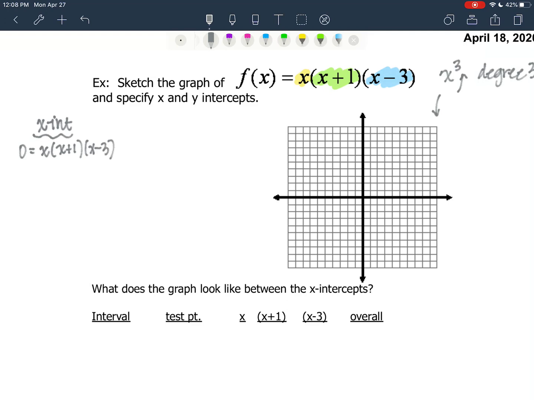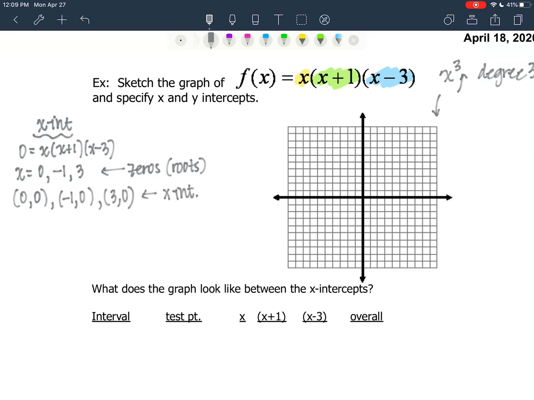Now I'm going to use the zero product property, setting each variable factor equal to 0, and I get my x-intercepts of 0, -1, and 3. These are called zeros, which are also called roots. And when I put them in ordered pairs, (0, 0), (-1, 0), and (3, 0), they are now x-intercepts.